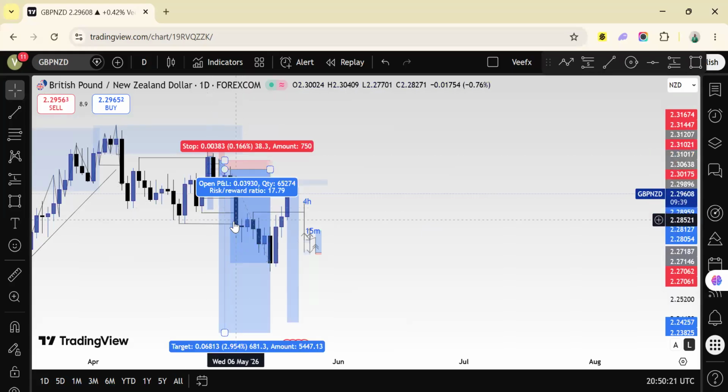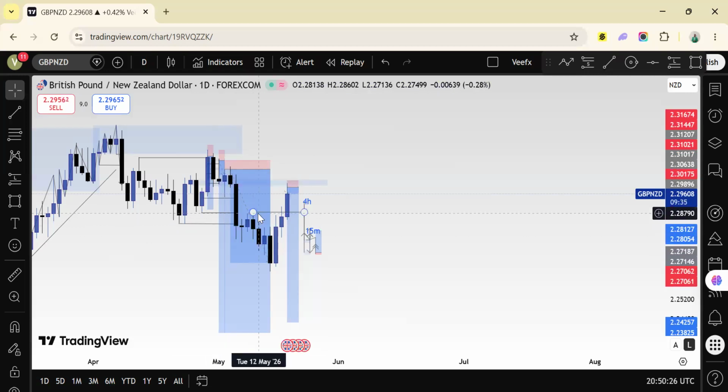Now, after that multiple break of structure occurred, we had our inducement, which is where I marked here. For this inducement to be valid, like I said, it has to take out the body closure of that candle that caused the multiple break of structure or market structure shift, whichever case. So that's why I marked this as my inducement. Now it has already mitigated this breaker block.